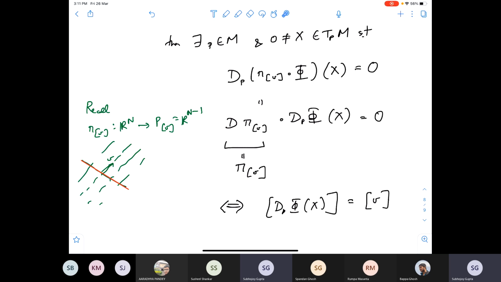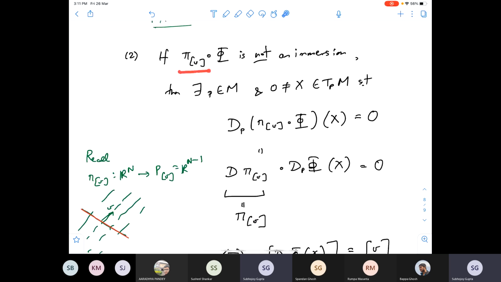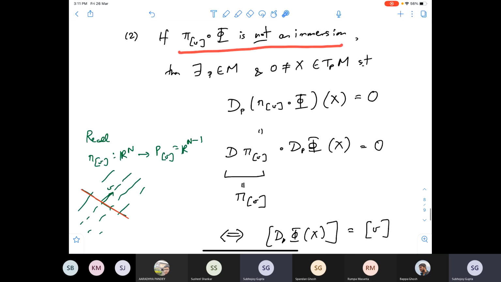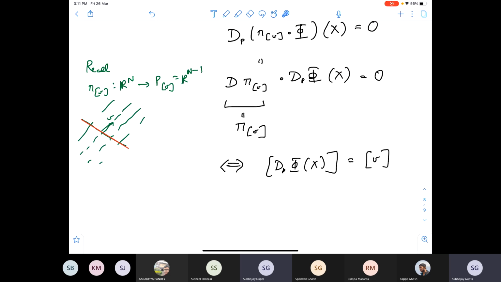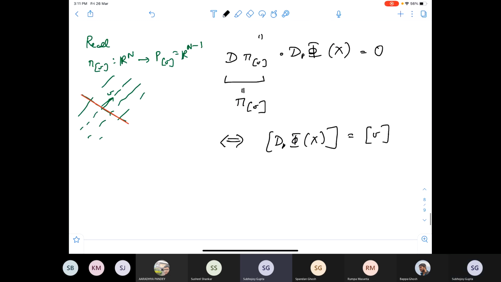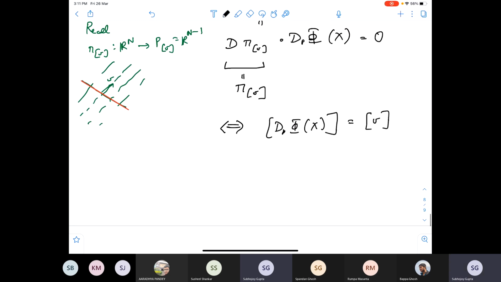So if this composition is zero, then whatever this vector was has to be in this direction v. In other words, if something is not an immersion, then we'll be able to say something similar to what we had last time.